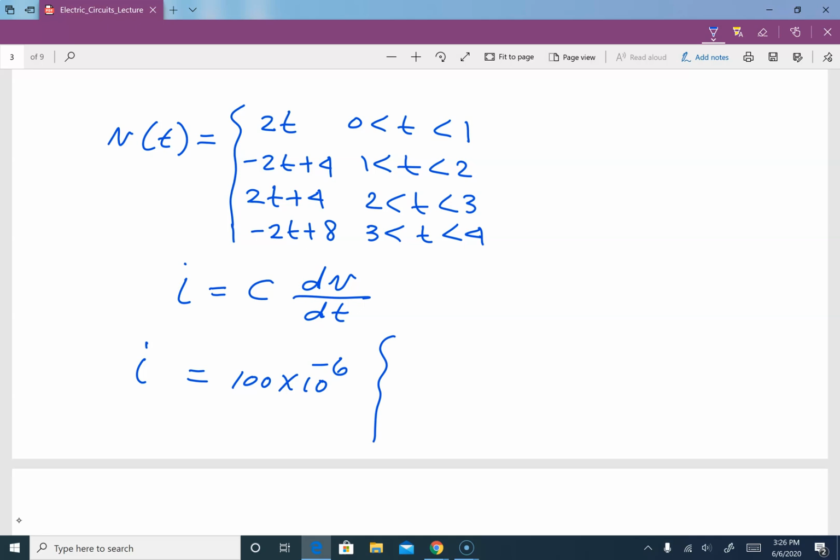So we will take the dV over dt for this quantity. The derivative of 2t is 2, for t greater than 0 and less than 1.